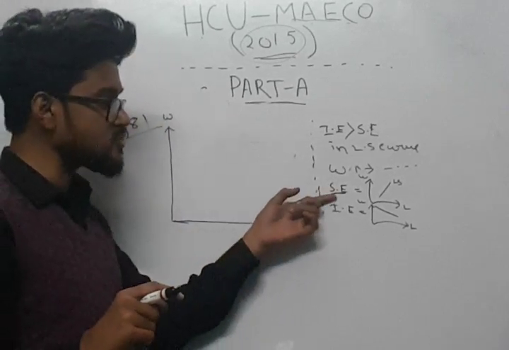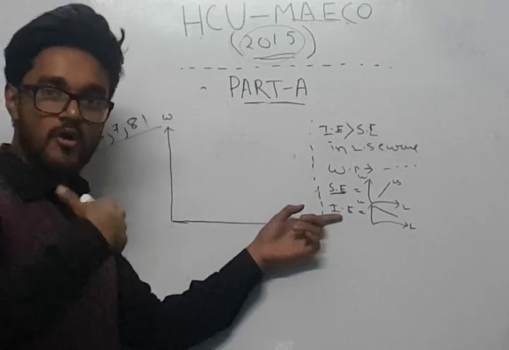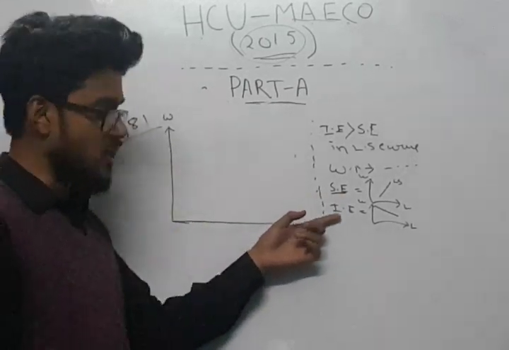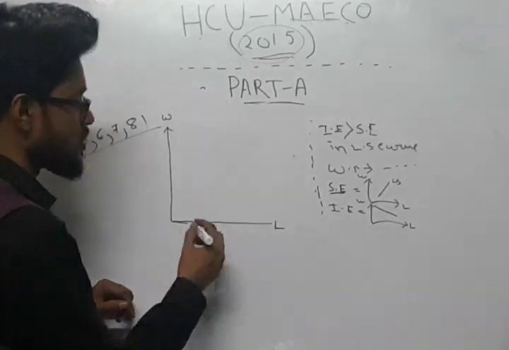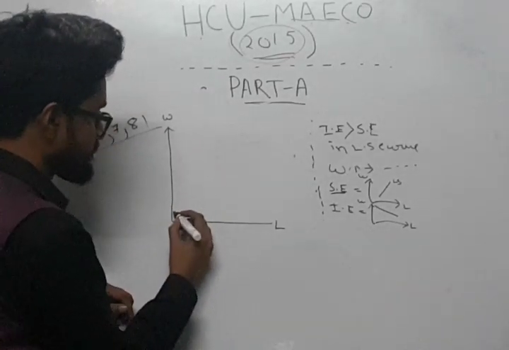So substitution effect is likely to be more dominant in the short run than in the long run. In the short run, substitution effect is stronger, so we get the labor supply curve to be positive.